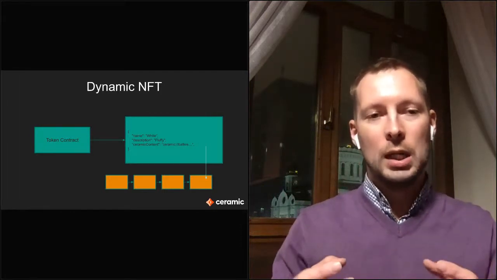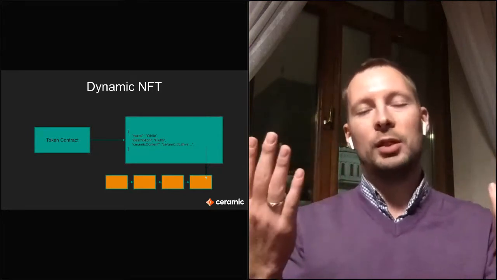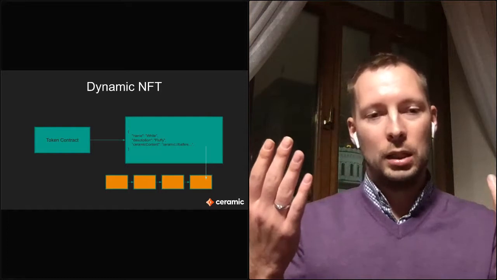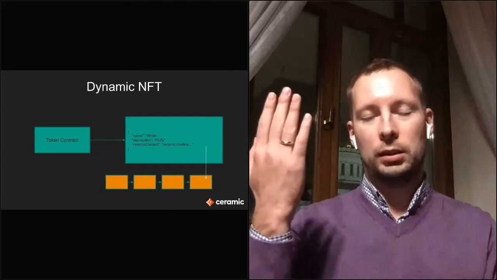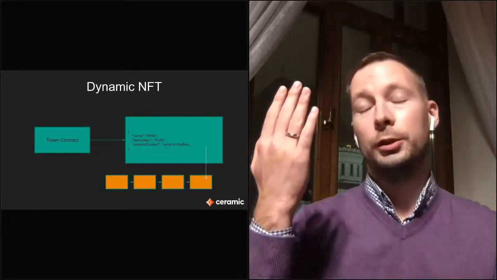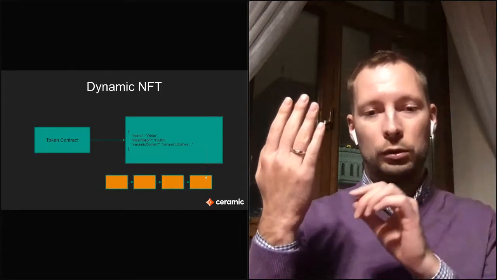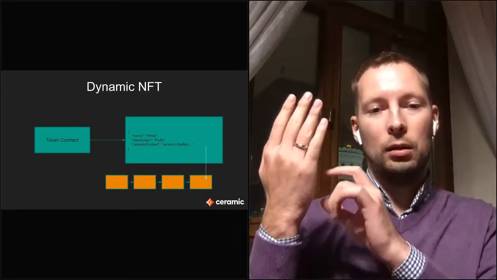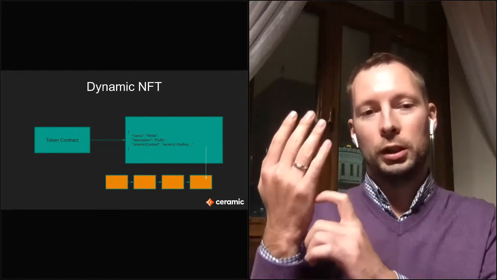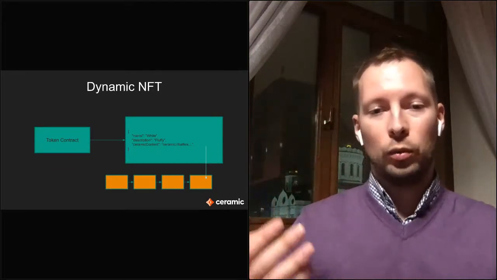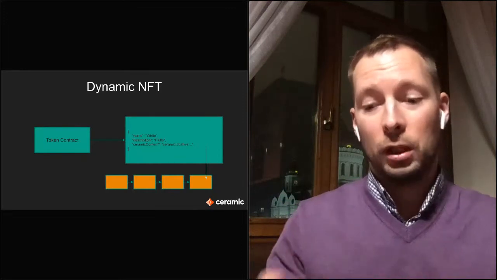In general, if we go from static NFT to dynamic NFT, the main difference is that instead of linking from a token contract to just a static thing, be it an image or a video or music, we link towards a dynamic Ceramic stream that could be changed over time, and it could be changed by multiple people. So we bring a collaborative approach to the NFT world.